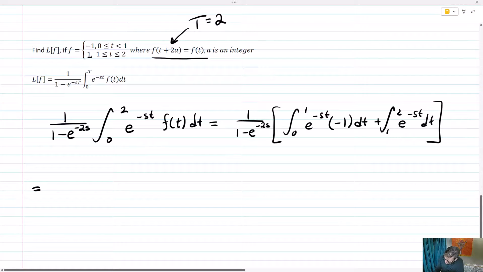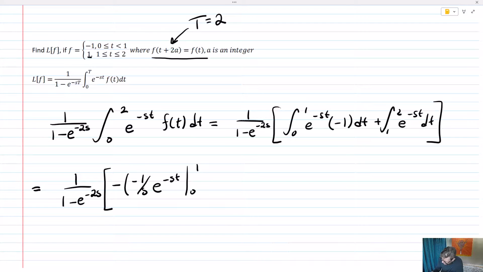This will give me 1 over 1 minus e to the negative 2s times negative 1 over s e to the negative st, evaluated from 0 to 1, plus negative 1 over s e to the negative st, evaluated from 1 to 2. We'll go to our evaluation.